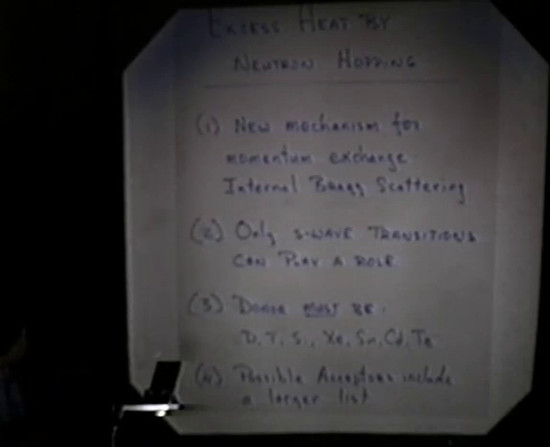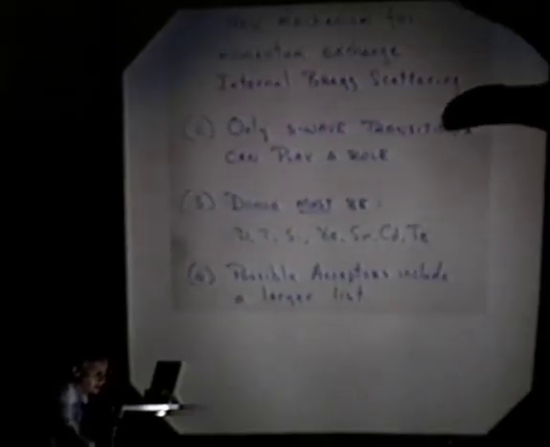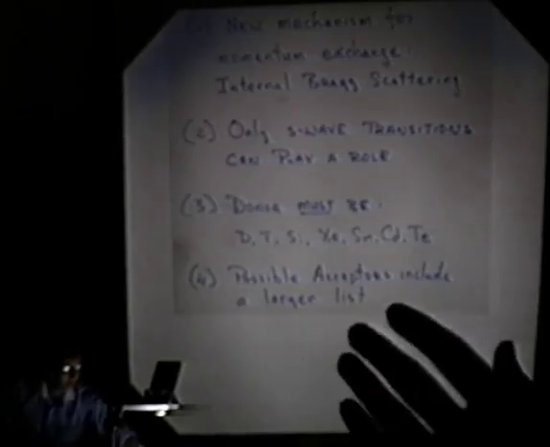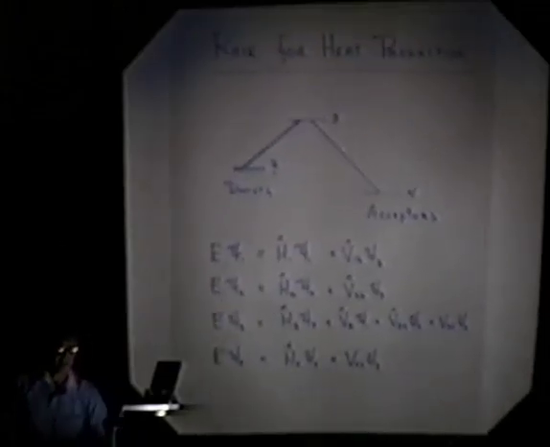Last year, I was worried as to whether S-wave or P-wave nuclei could participate, and it's completely clear now that the S-waves are the only ones that have a chance. The donor nuclei must be from this list. The acceptors, in the limit that there's excited state S-wave nuclei, or you could produce unstable final states, can come from a larger list.